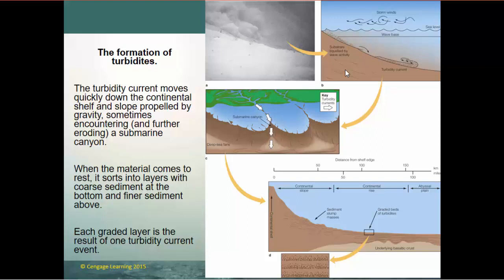And each graded layer is the result of one turbidity current. So we'll get these different layers with coarse to fine, then coarse to fine, then coarse to fine. You see that in the very bottom illustration. And one turbidity current sends down one layer, the second turbidity current much later sends down the second layer, and that gives us an idea of what had happened in that region.